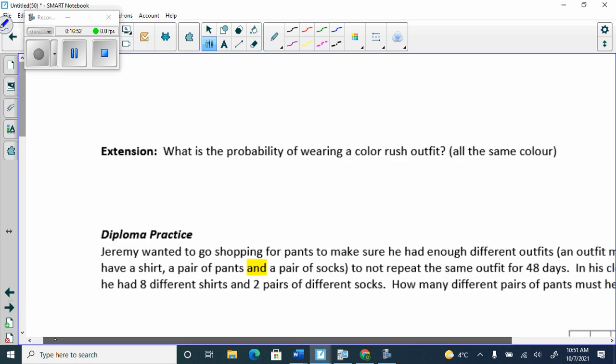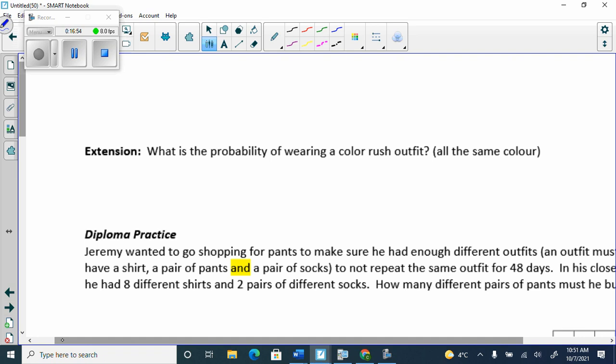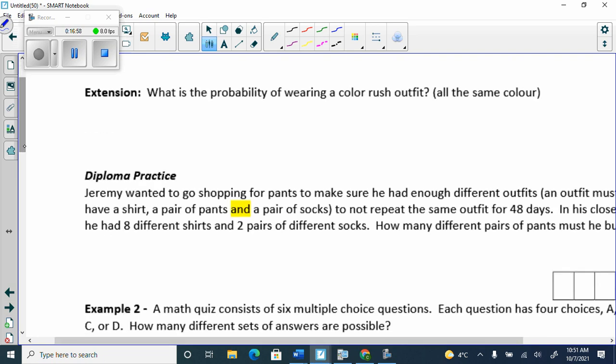Now, what's the probability of a color rush outfit? So it has to be the same colors, yeah? In the NFL, they have color rush days. And in the color rush days, you use the exact same color. So their jersey, their pants, socks, everything will be blue. It's like their main color of all of their options. For example, the Denver Broncos would wear all blue.